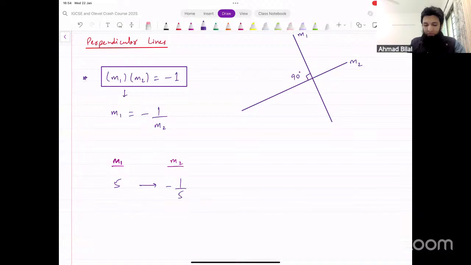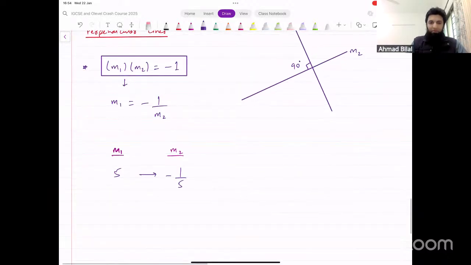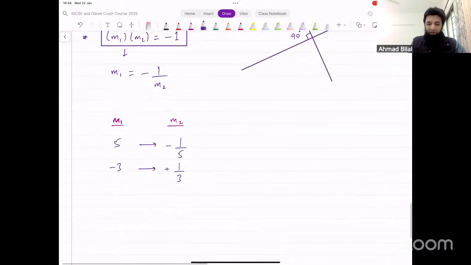Okay. And then let's look at another example. Let's say we had one line that has gradient -3. What about the other line? Change the sign, take the reciprocal. So that becomes positive now, +1 over 3. Okay. Similarly, if one gradient was, let's say, 1 over 4, the other would be -4.